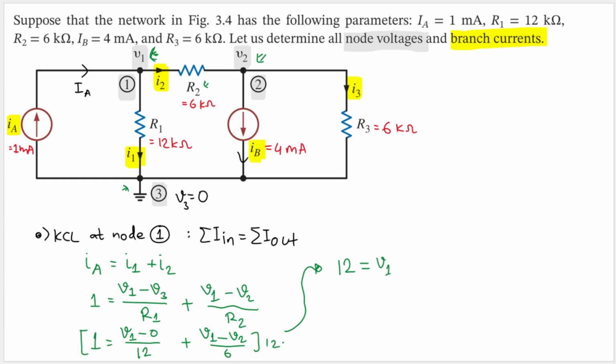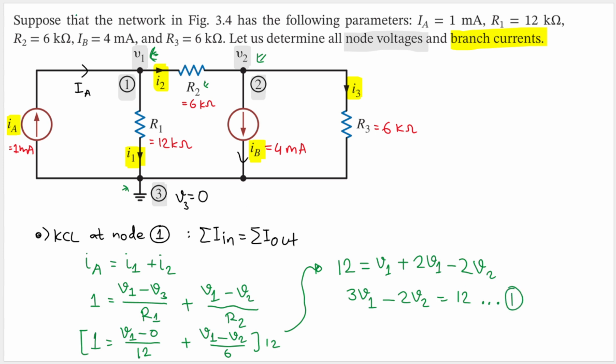And then 6 and 12 will cancel into 2, so we will have plus 2 times V1 minus V2, I mean 2V1 minus 2V2, right? Because we multiplied by 2. Good. V1 plus 2V1, there will be 3V1 and then minus 2V2, and that will equal to 12 here. I think nothing further that we can do. Let's save this as equation number 1.